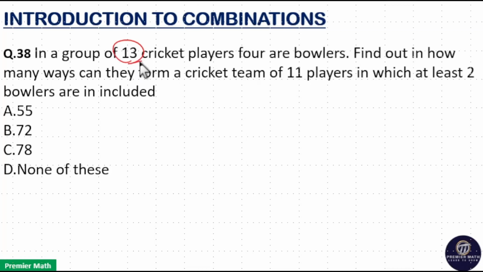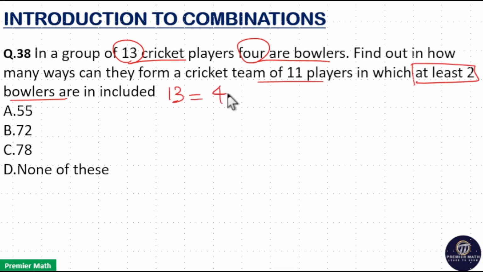In a group of 13 cricket players, 4 are bowlers. Find out in how many ways they can form a cricket team of 11 players in which at least 2 bowlers are included. Here there are a total of 13 players, out of which 4 are bowlers, which means remaining 9 are non-bowlers. Now we have an at least 2 condition here. At least 2 means a minimum of 2 bowlers, or 3 bowlers, or a maximum of 4 bowlers, because we have only 4 bowlers available.